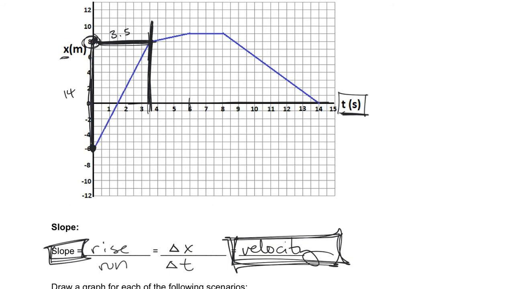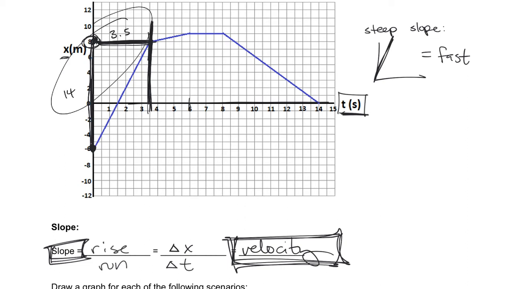And there's some things you need to know based on this. If something has a steep slope, which would look like this on a graph, steep slope is a high number slope. That means fast. For example, if we take the rise over run of this that we just did, the rise was 14, the run is 3.5.